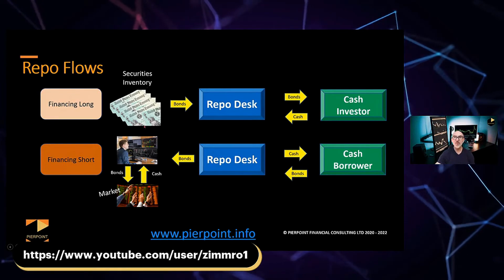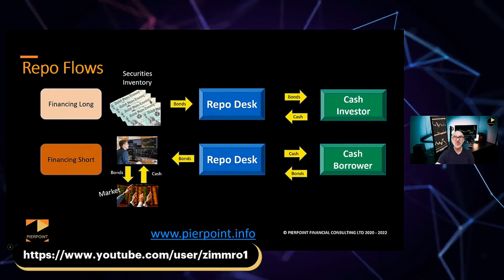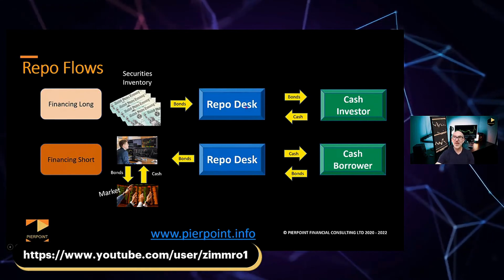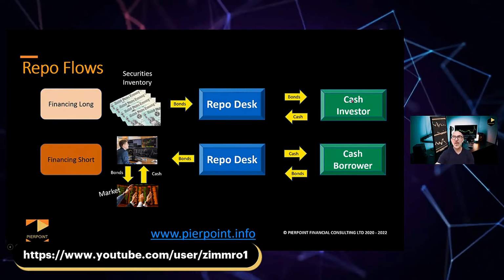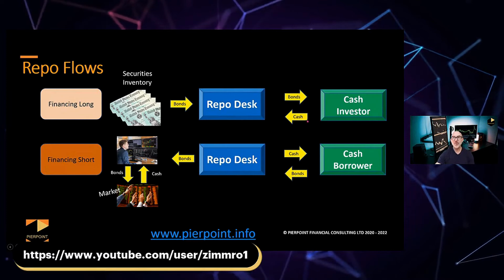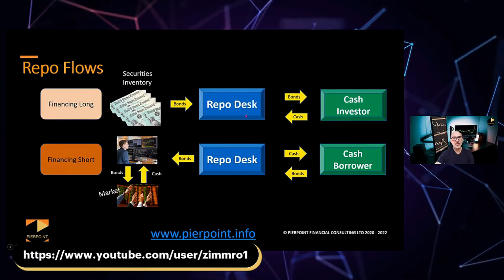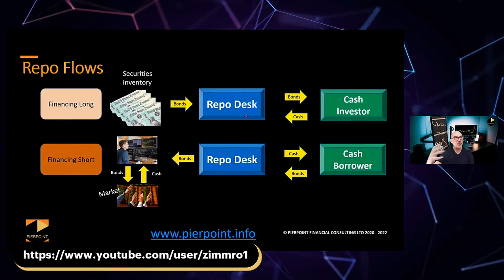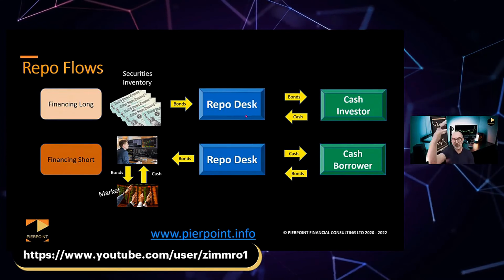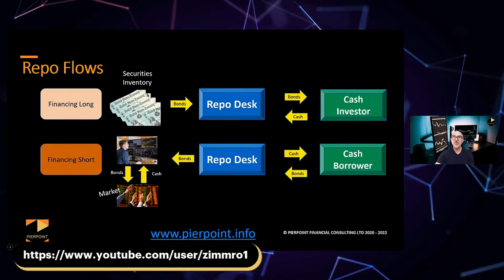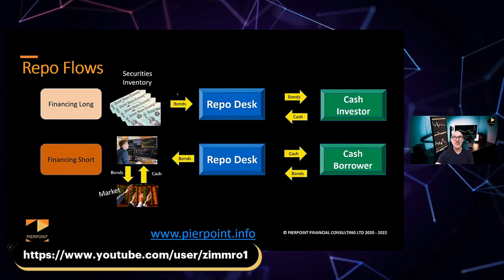So you look at the securities inventory. In this case, those are examples of US Treasuries. The repo desk is now tasked to go out and find cash lenders that will finance those bonds. So we'll still own the bonds, but we will be able to get that cash and deploy it into our normal business. And that's really the primary role of financing a long position.